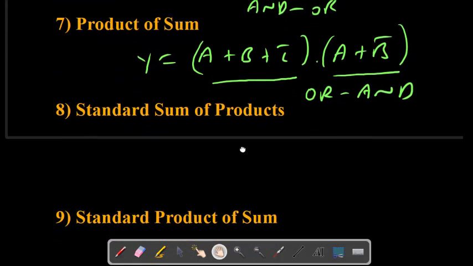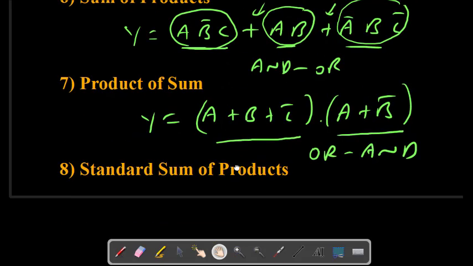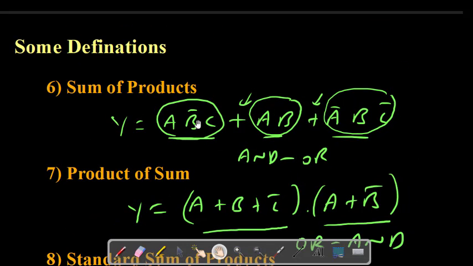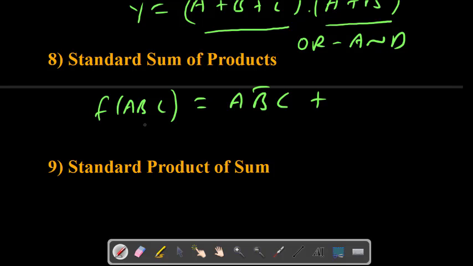Now regarding the standard sum of products and standard product of sums. In the first sum of products, ABC is present, AB is present, and ABC. In this case C is absent, so this is not a standard sum of products. Suppose we have a Boolean function of A, B, C, it must contain all three variables, in any complemented form.